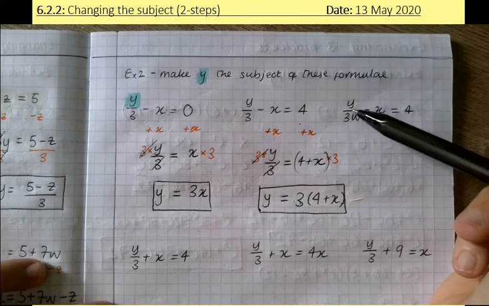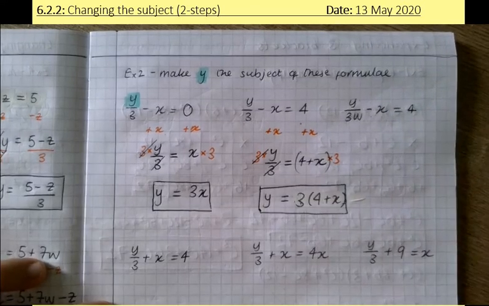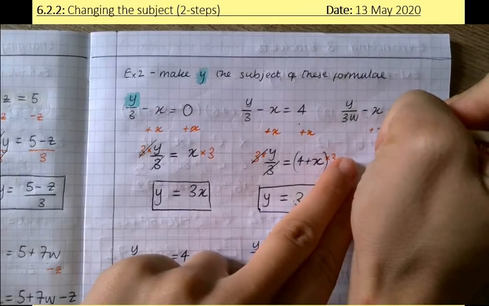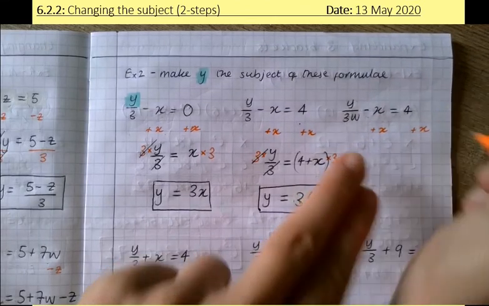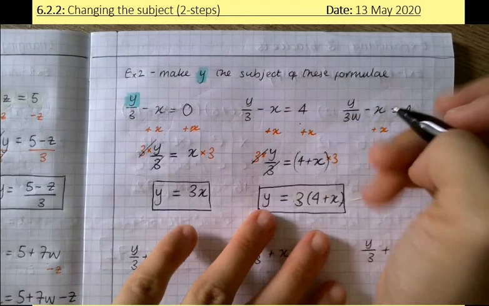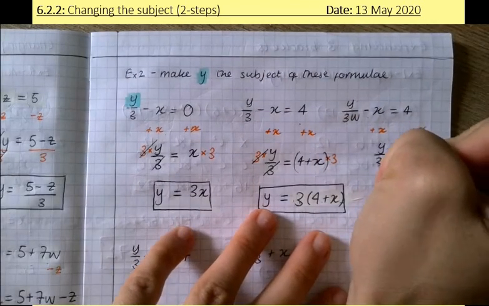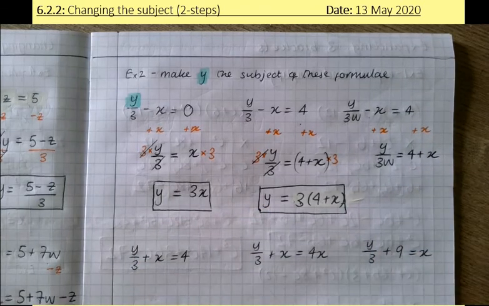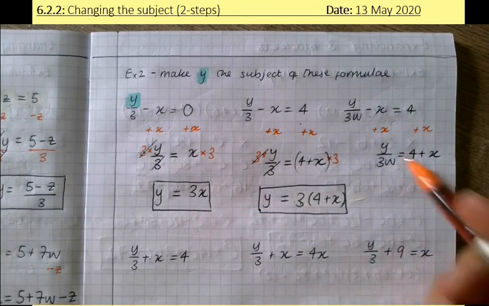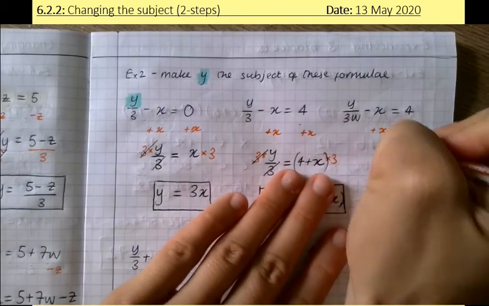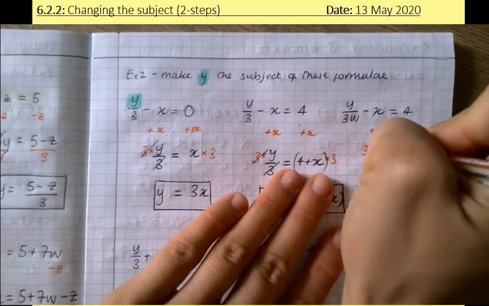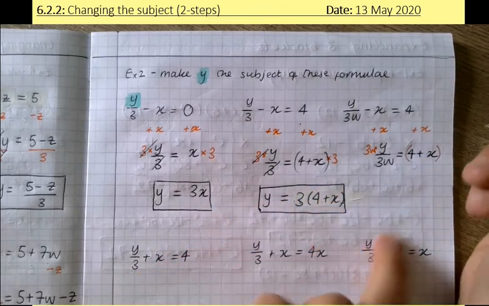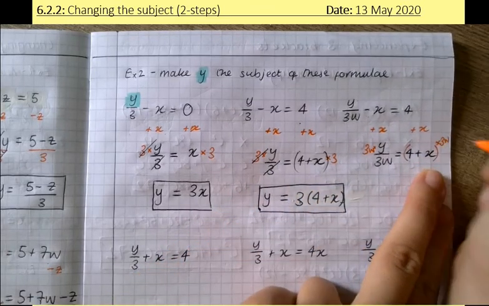Very similar. I've got y over 3w, take away x equals 4. So a very similar question. We're going to eliminate this subtract x first by adding x to both sides. And that's going to leave me with y over 3w equals 4, add x. And then to eliminate divide by 3w, I need to multiply both sides by 3w. But remember, we need to multiply everything by 3w.